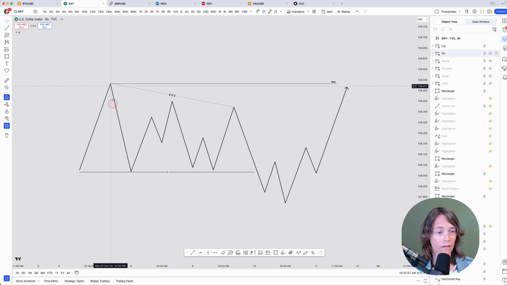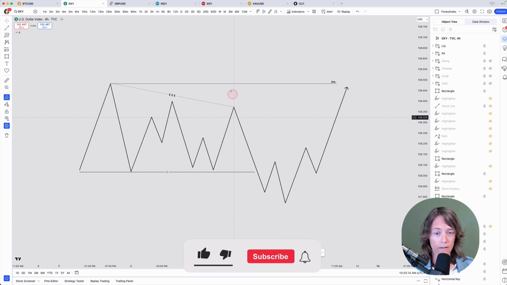The top of the range is building liquidity and the lower side of the range has been building liquidity. One side of the range gets raided, so we get a liquidity raid, and it then targets the other side of the range. This is also called a market maker buy model, but it doesn't even matter.